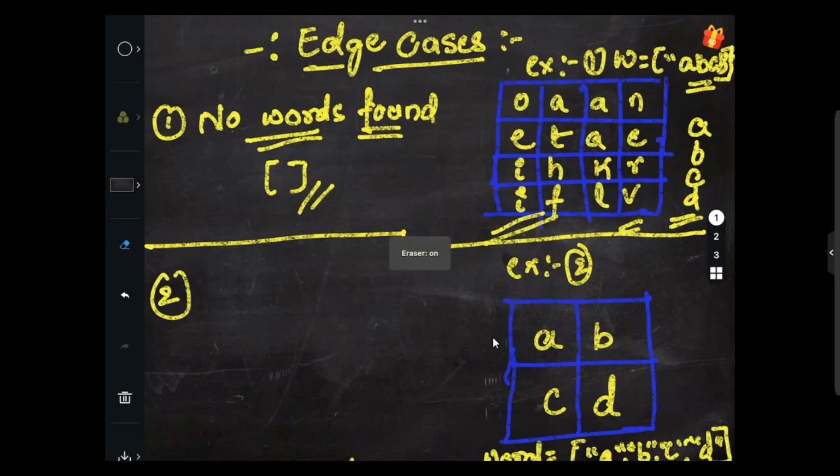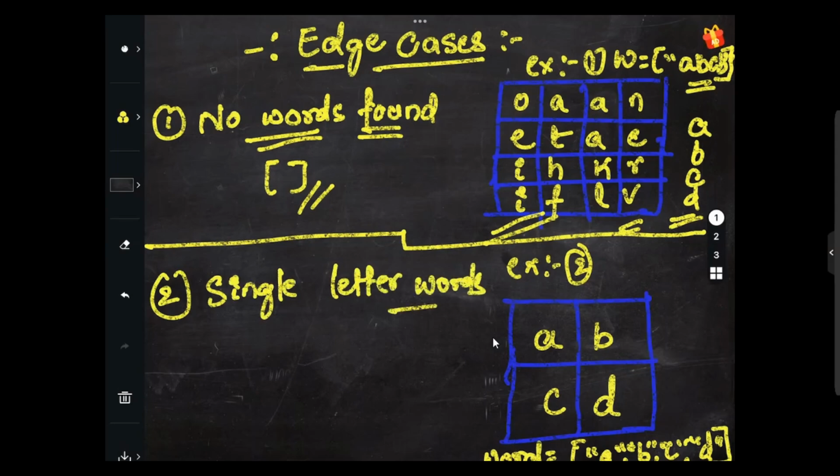This is for the condition single letter words. We have A, B, C, and D. So basically, we are going for the single letter words that are present in the board, right?